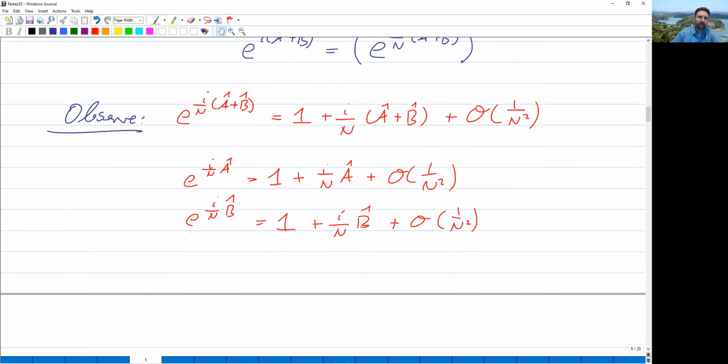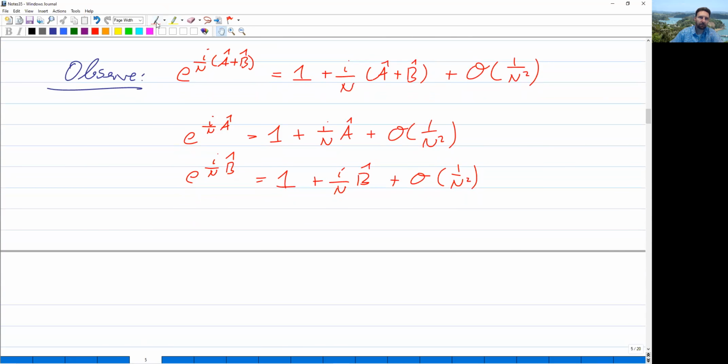See, let's look at this very carefully. What happens now if we write down the product? If we write down e to the power i divided by n A, e to the power of i divided by n B. You see, we wished that this would be that.